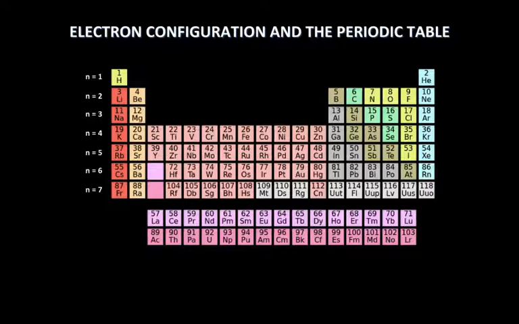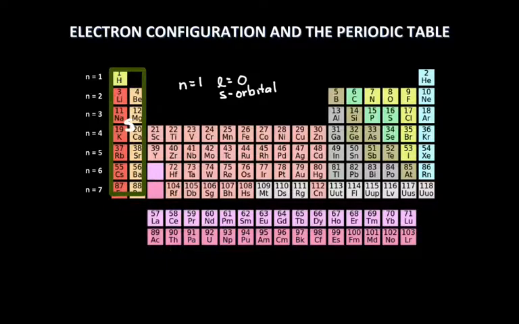So, starting with the first period, when n equals 1, the only allowed value for l is 0. And if l equals 0, we have an s orbital, right? And there's only one s orbital. It can hold 2 electrons. And these first 2 columns are where we fill the s orbitals.